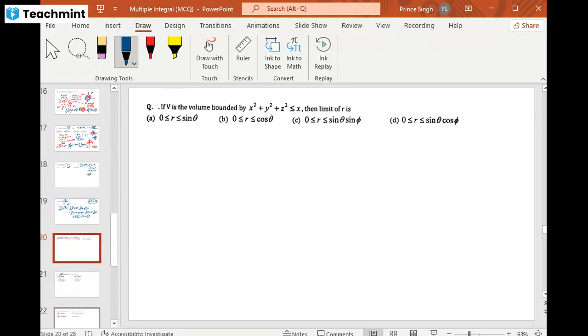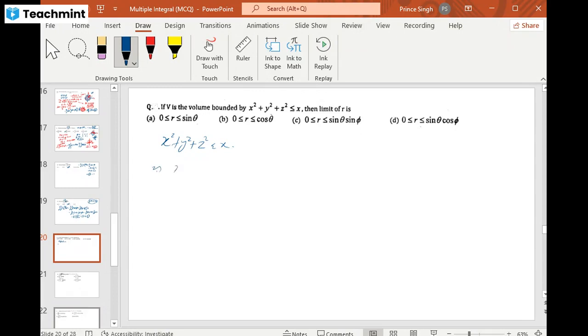Okay. So the question is, if V is the volume bounded by x square plus y square plus z square is less than or equal to x, then what is the limit of r? So basically, if you just look at here, x square plus y square plus z square is less than or equal to x.